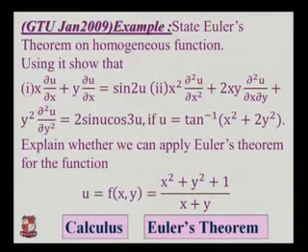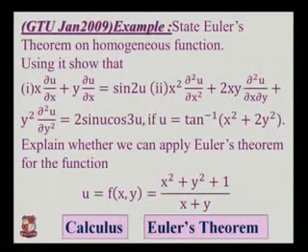Using it, show that x del u by del x plus y del u by del y is equal to sine 2u, and x square del square u by del x square plus 2xy del square u by del x del y plus y square del square u by del y square is 2 times sine u into cos 3u, if u is equal to tan inverse of x square plus 2y square.